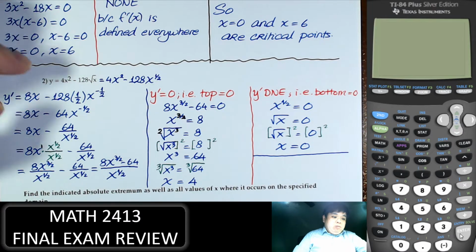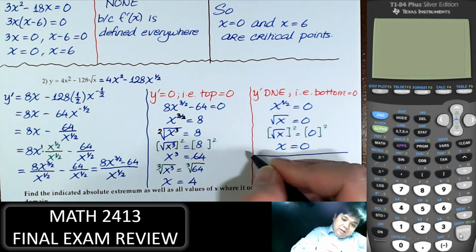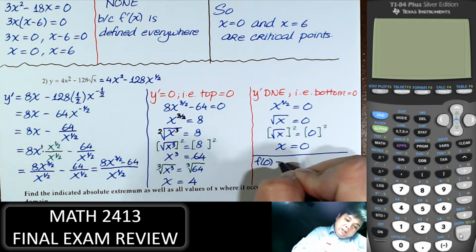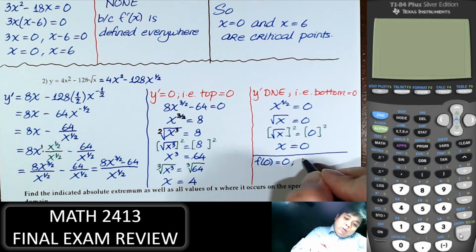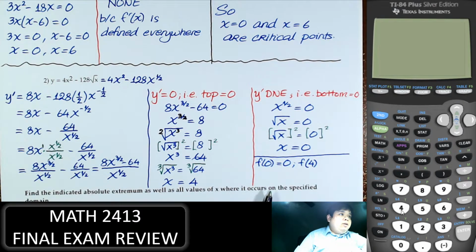And also we check: if we put in 0, we're going to have 0. And when we put in 4, 4 stored to x, and then we have 4x squared minus 128 square root of x.